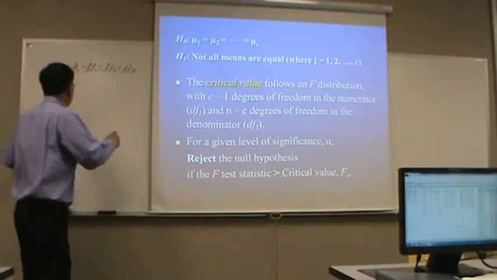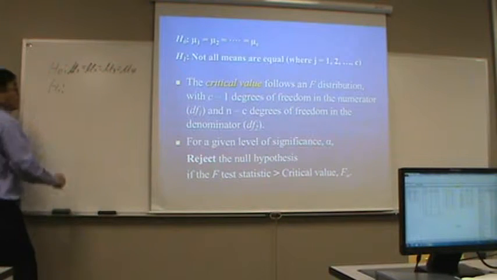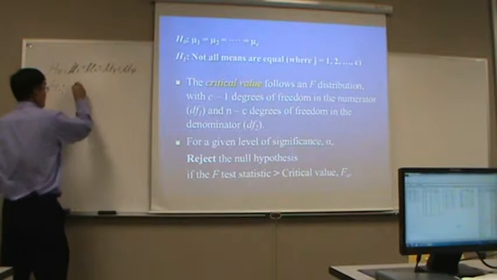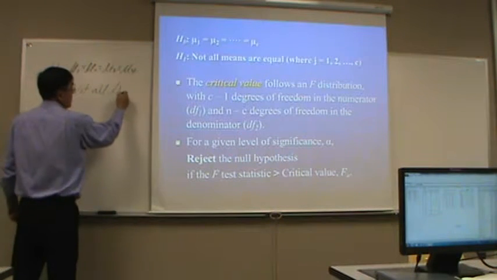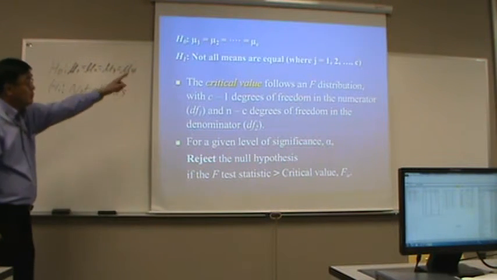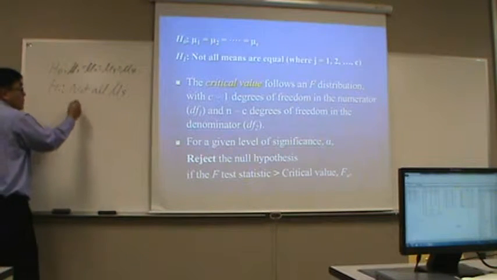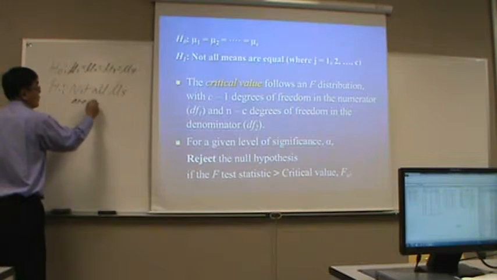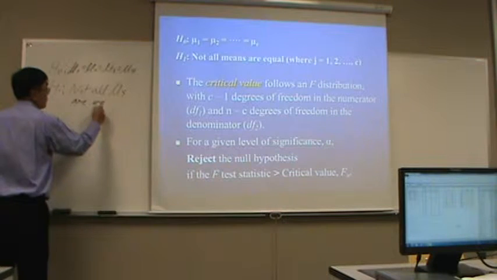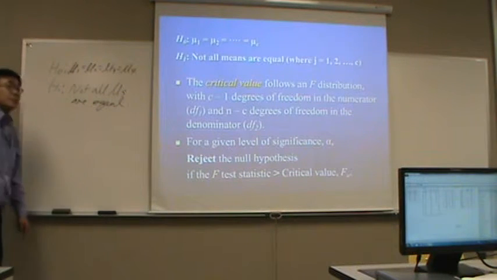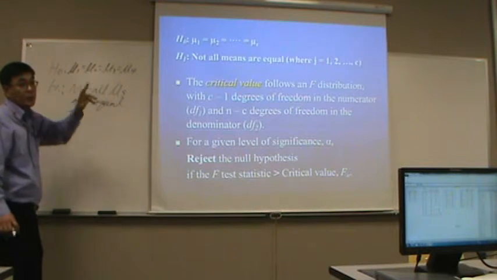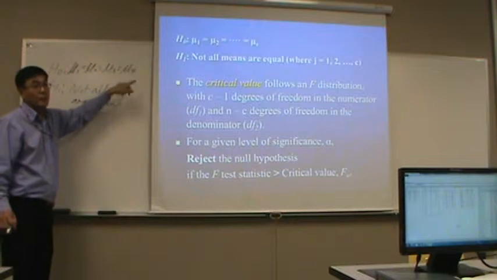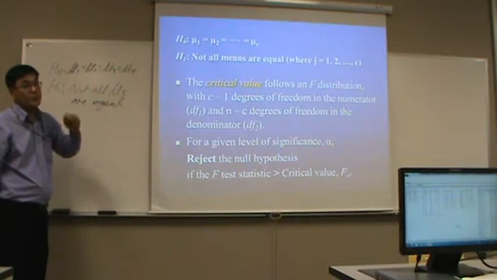And then H1, not all means, can write not all mu's are equal. So just be careful how many groups. There are 3, 4, 5, and so on like this.